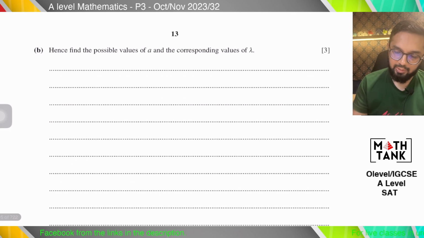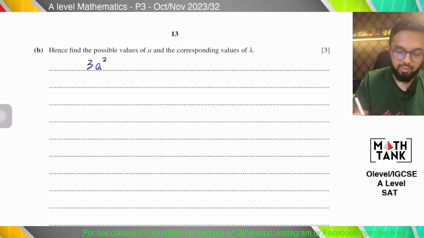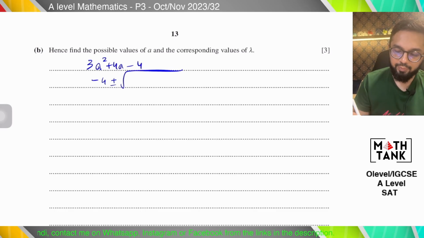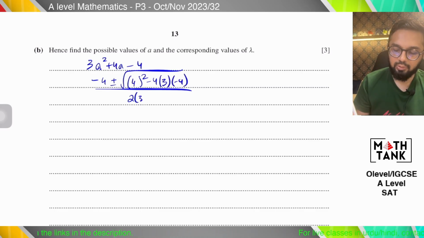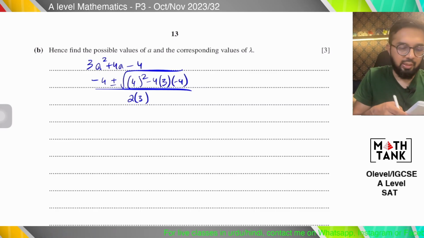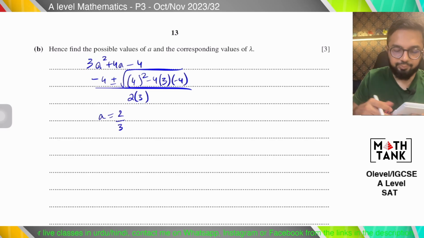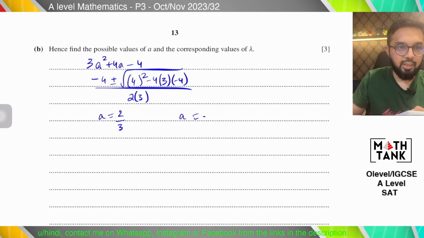Hence, find the possible values of a and the corresponding value of lambda. So what I'm going to do is a quadratic. I'm just going to apply the quadratic formula to 3a squared plus 4a minus 4: minus b plus or minus root of b squared minus 4ac over 2a. I am going to put that on my calculator now and tell you if I have the correct answer. So I'm getting a as 2 over 3 and a as minus 2.